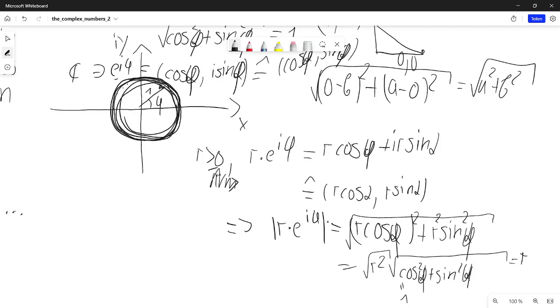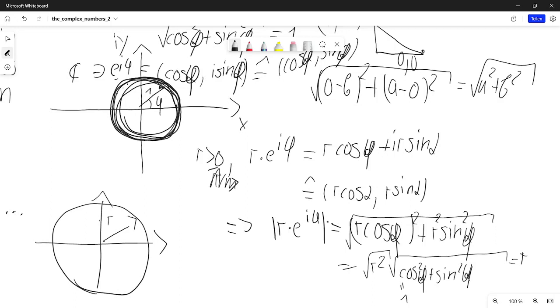What does that actually mean? Well, remember the geometric distance of that point from the origin is r, which just means the distance of this point from the origin is r. And that means any such point is actually on the circle with radius r.